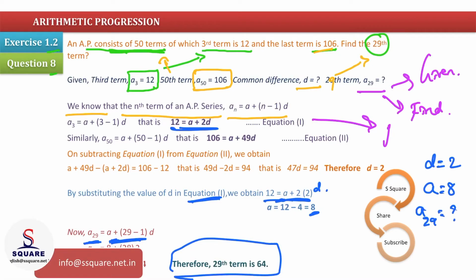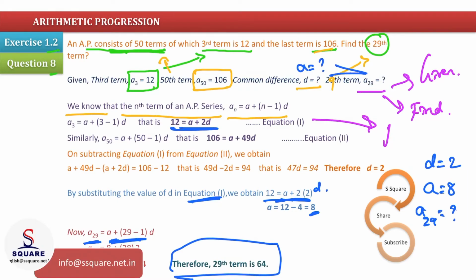So we assign the values first as per the standard: A3 is equal to 12, A50 is equal to 106. We need to find the common difference, we need to find a, then we need to find A29. To find this we need a and d.